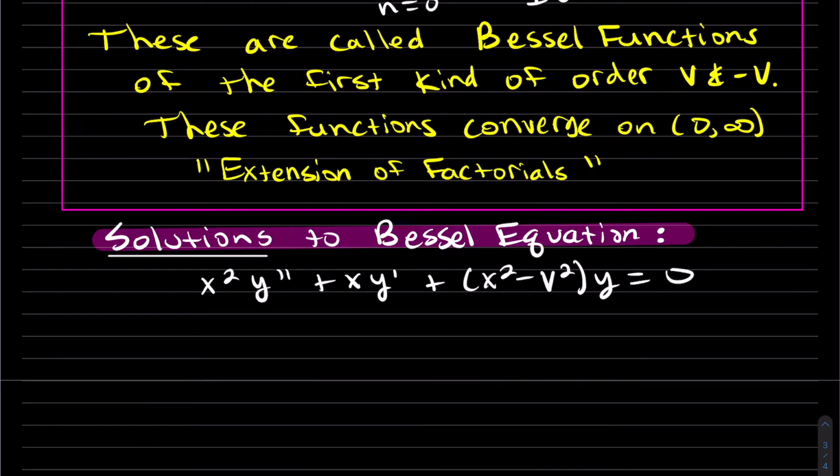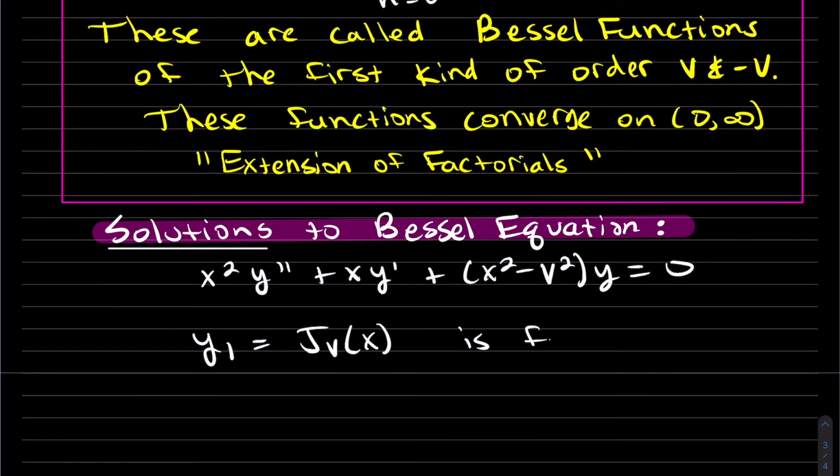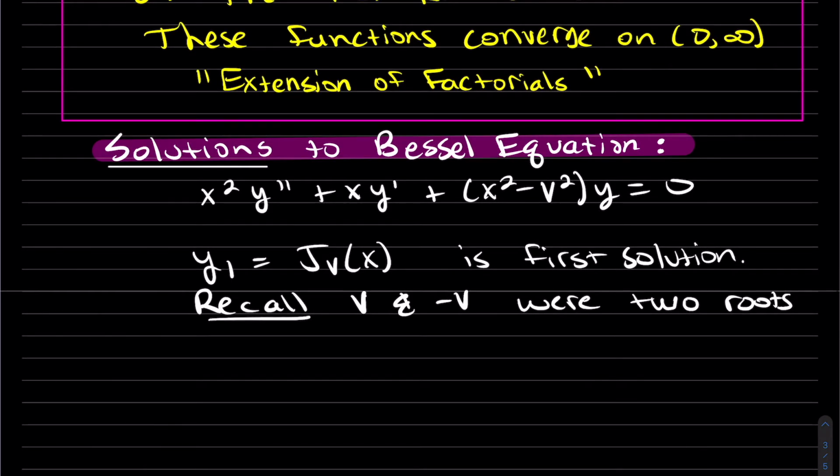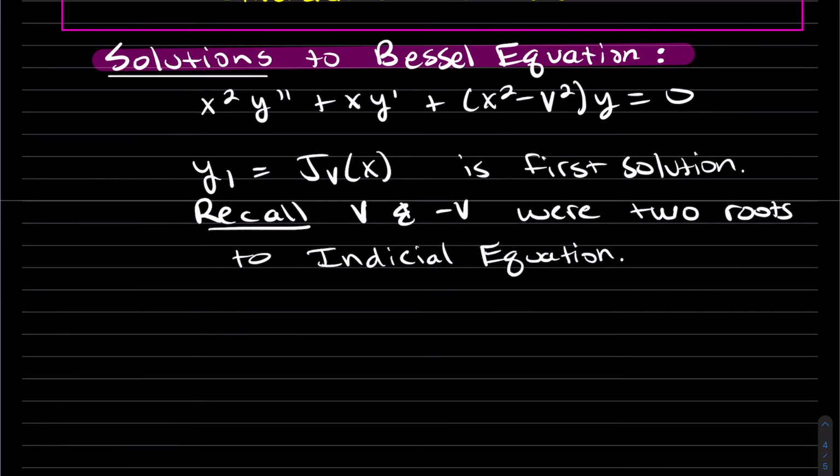So the first solution to this Bessel equation is the positive one, as we mentioned. It's the first solution gotten from Frobenius. And if you want to recall, v and minus v were the two roots to the initial equation. So we have a couple cases here.